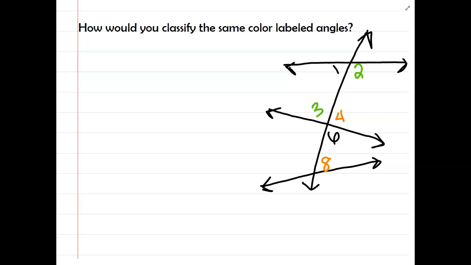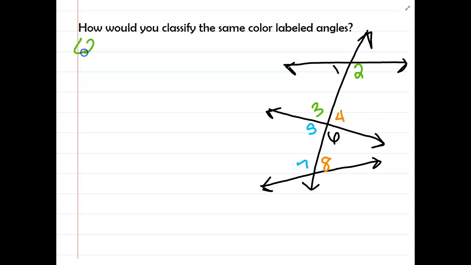And then my last 2 angles will be 5 and 7. So once again, if you don't have different colors, that's fine. Maybe just put circles around 2 and 3, triangles around 4 and 8, squares around 5 and 7. Just some ways to show that these are the angles that are paired up. Okay, so we're not going to classify 1 and 6. There is no relationship there, so we won't worry about those.